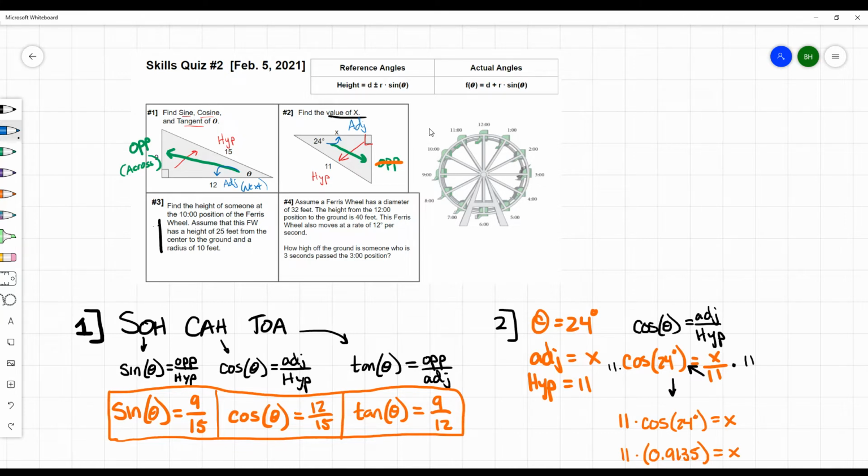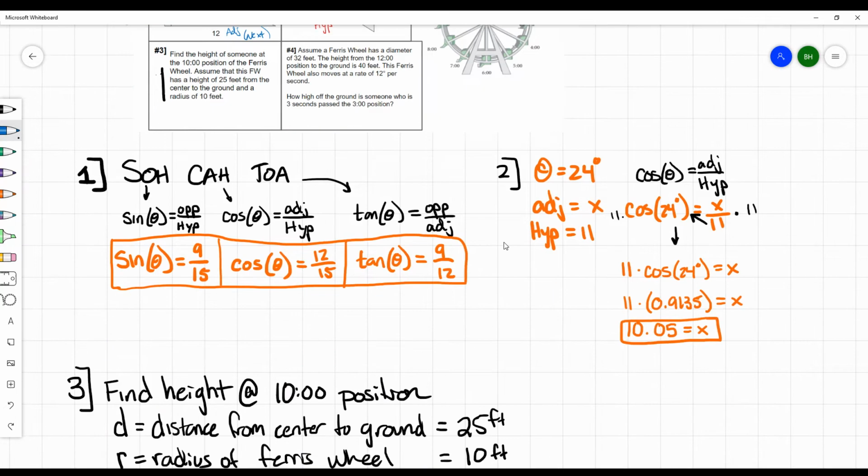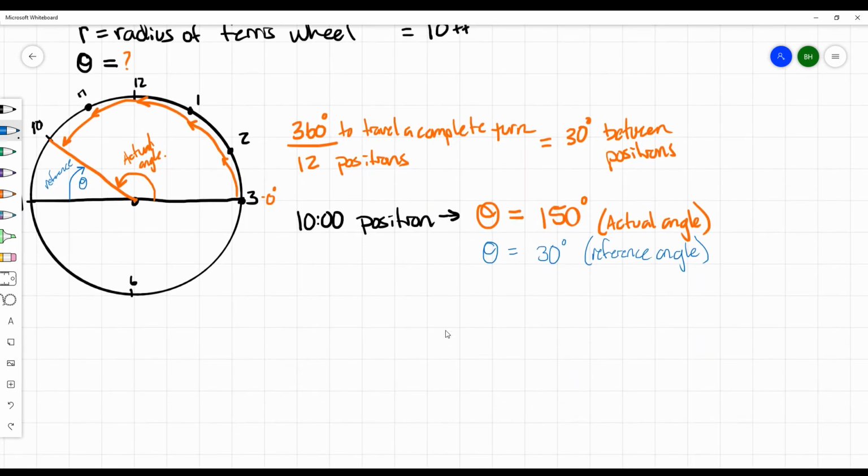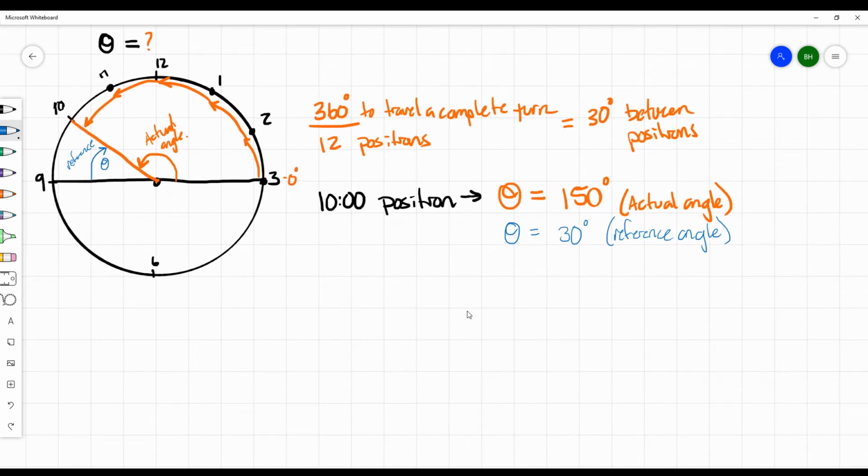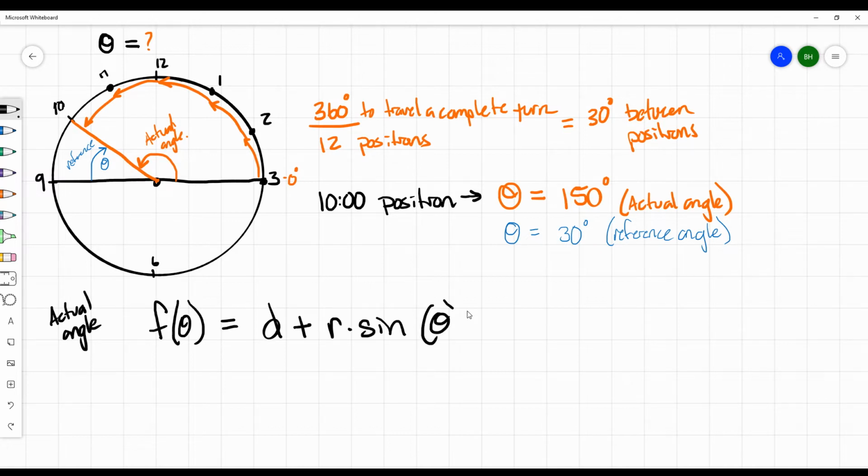Or we can start getting easier or more efficient and use the actual angles to find something using the actual function for sine. So in this, I'm going to use the actual angles, so that means I'm going to be using f of theta for the actual angles equals d plus r times sine of theta.